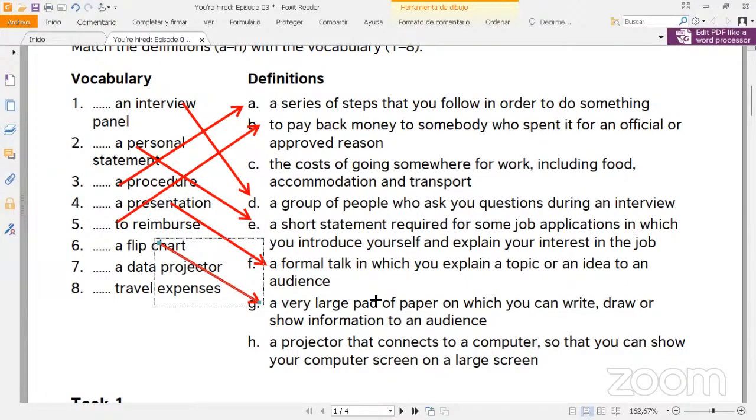Okay, a data projector. Letter H. And travel expenses. Letter C. Okay, good. And are any of these vocabulary new to you? Procedure. Yes, 3 and 5.